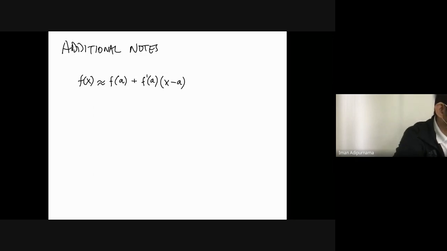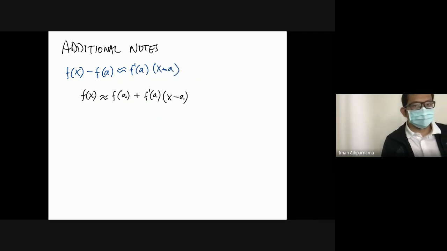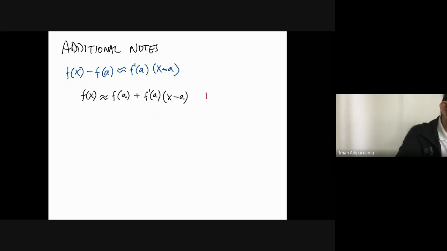Or if you would like to write from the very beginning, we start from this linear approximation here.